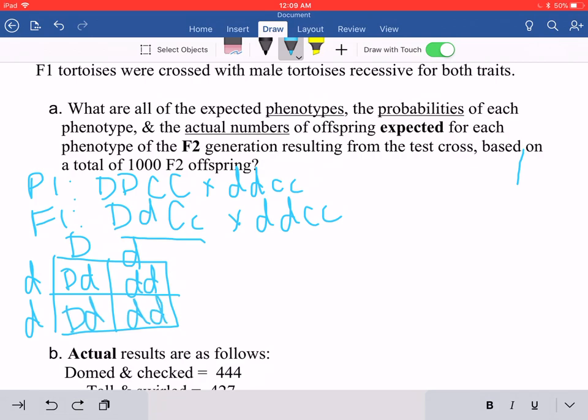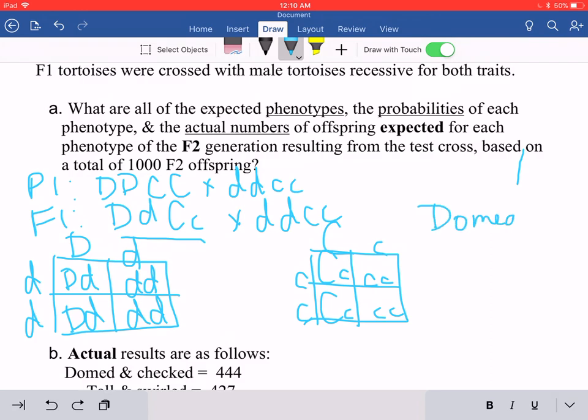Here we have the domed and checkered, and we can come up with all of our proportions and multiply them out. What we'll find is that we are going to get domed and checkered individuals at a rate of 1/4, or 25%.